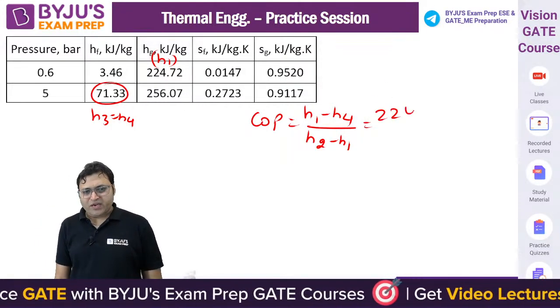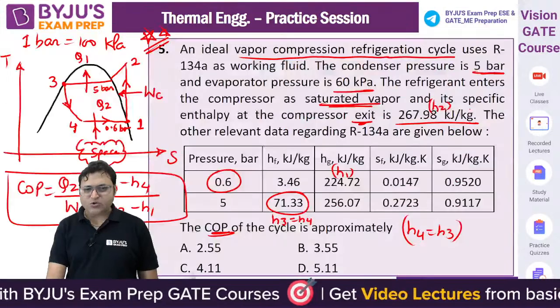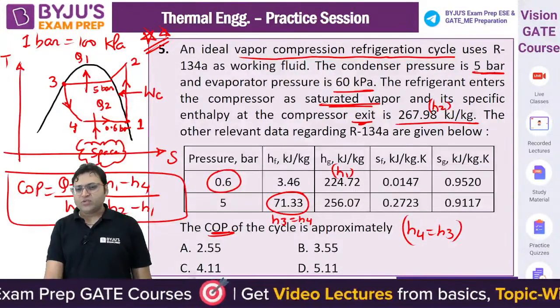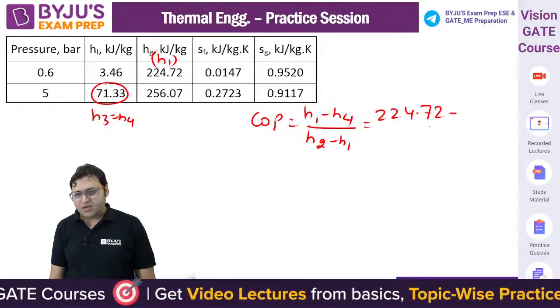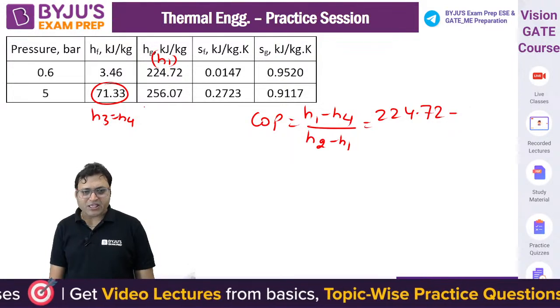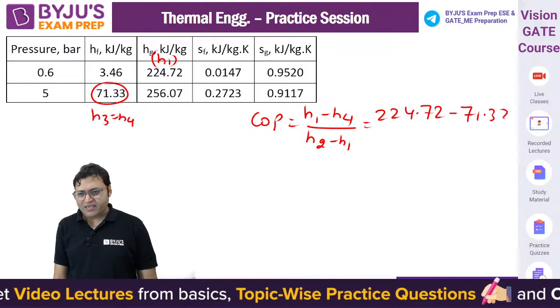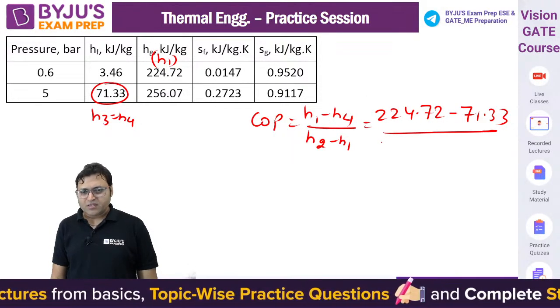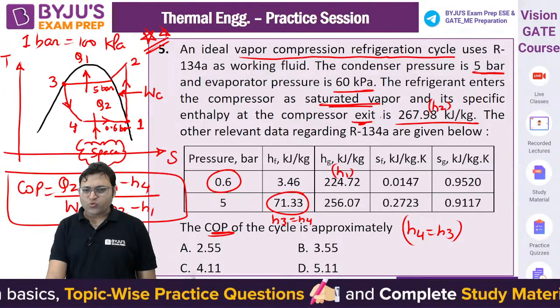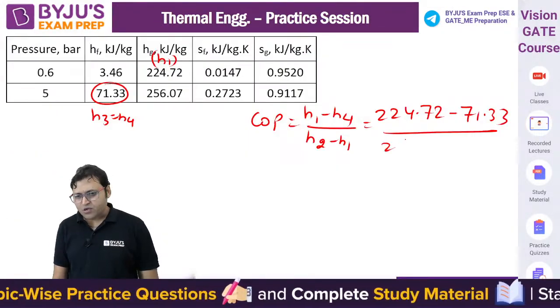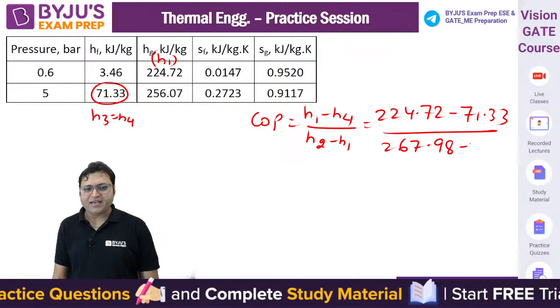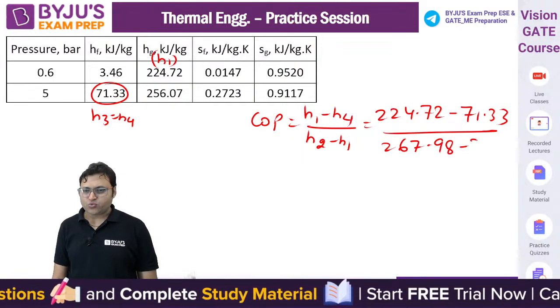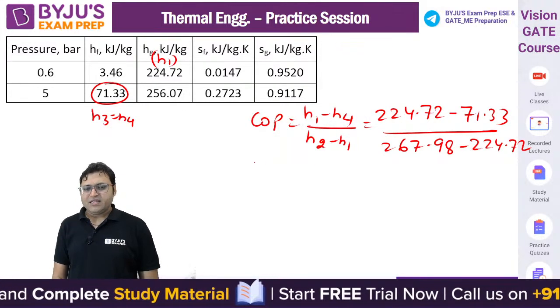H1 is 224.72 minus H4, sorry, H4 is 71.33, upon H2, that is given as 267.98, minus H1, that is 224.72. That will be the COP.